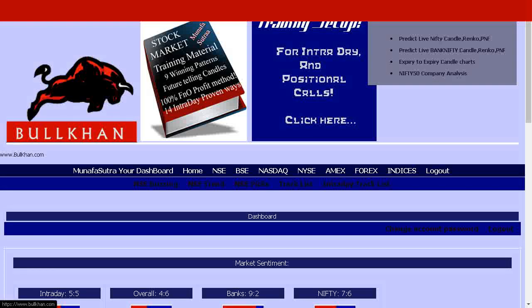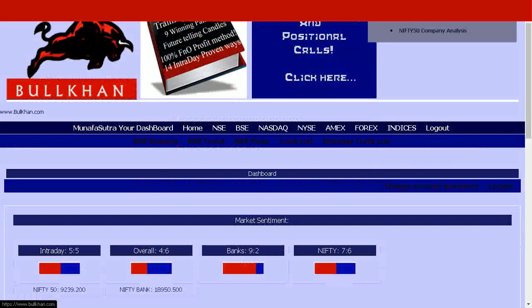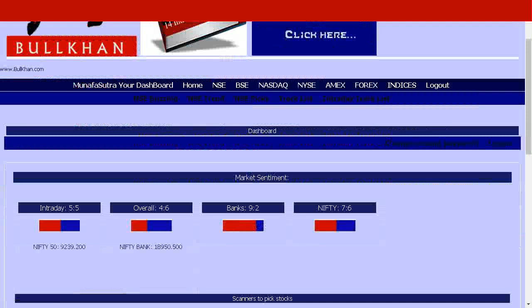After login, you will come to this page. This is the dashboard. In your dashboard, scroll a little bit and you will see market sentiment. Here, four types of market sentiments are shown: intraday sentiment, overall sentiment, bank nifty sentiment and nifty sentiment.